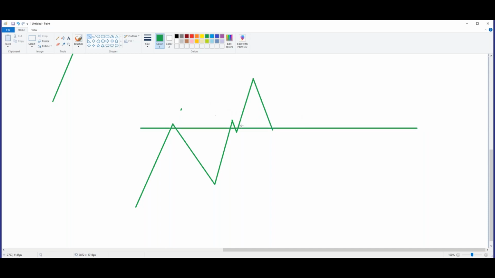So this level is very important. Usually price finds it very, very hard to break this level. Let's suppose price makes a lower low here like this, and then makes another try to break, and then makes a drop base drop.